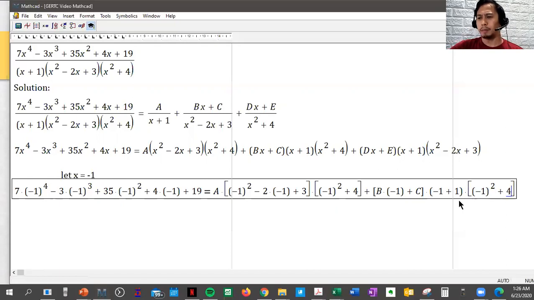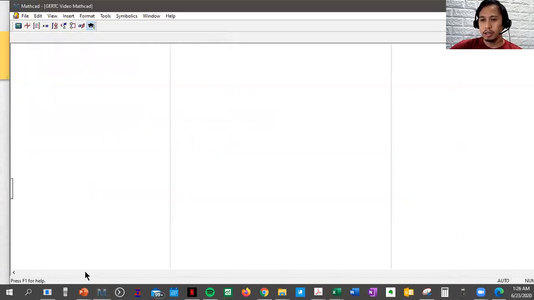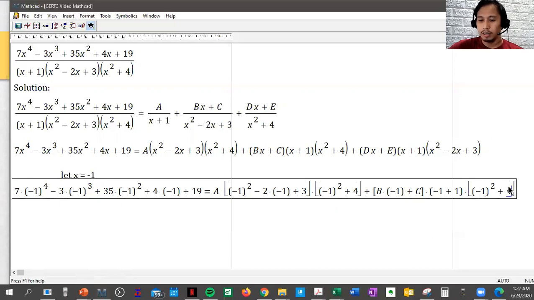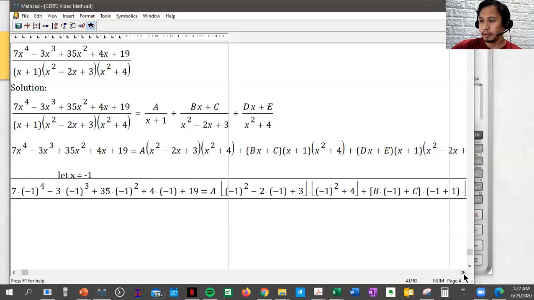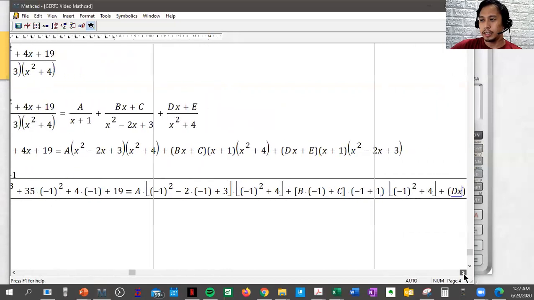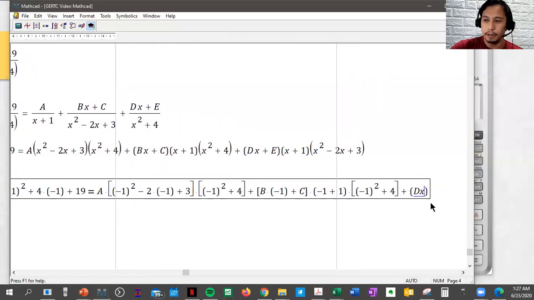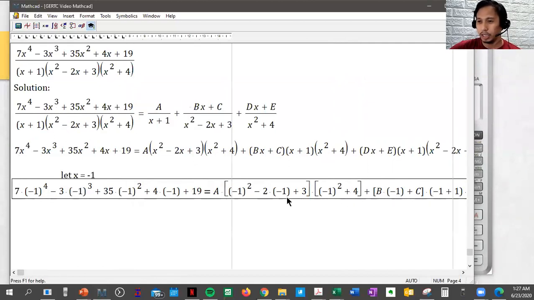Well, actually, I may not proceed any further, because as you see, it will be 0. Here, that dx plus e will also be 0. So I may stop here.